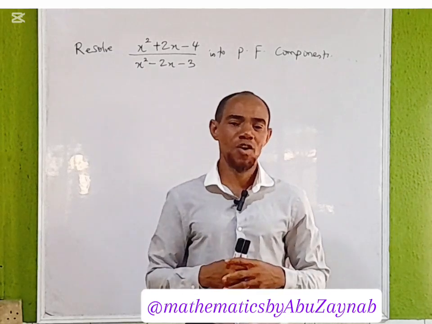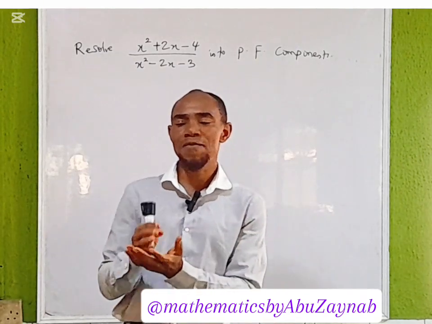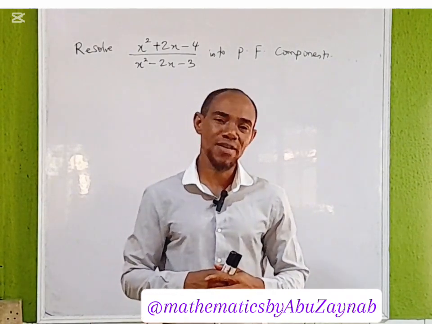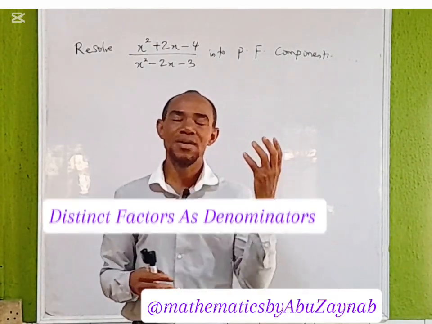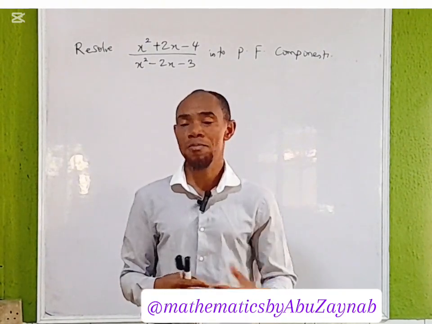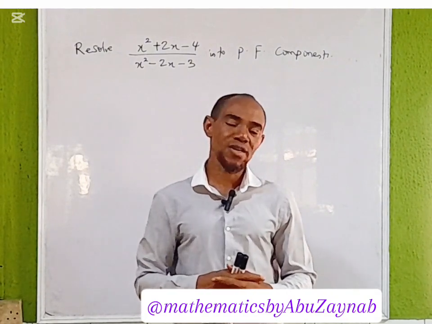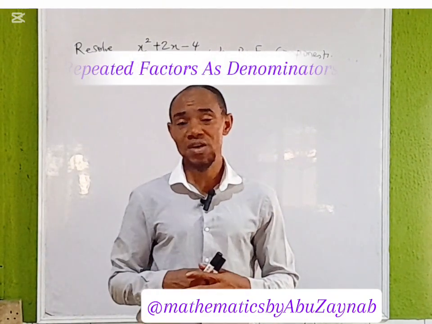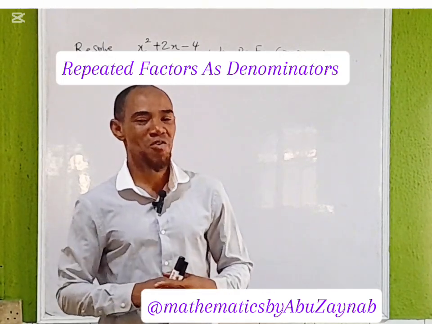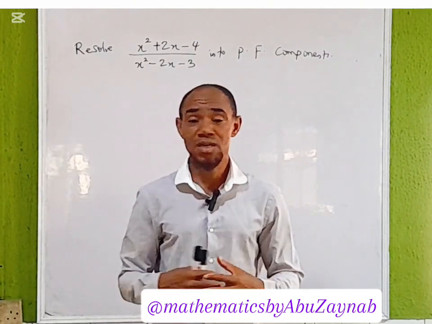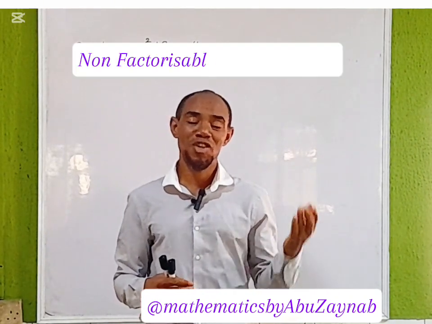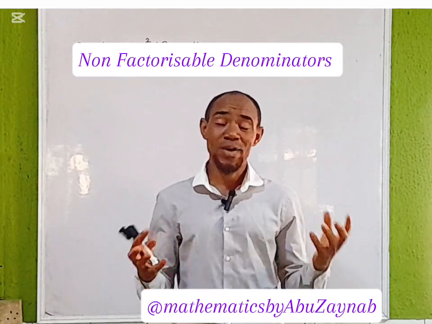So, in this case, all we need to do is to break down the rational function into the constituent parts of it. For the first case, we looked at when you have distinct factors as denominators, whereby we use the cover-up method. In the second case, we have repeated factors as denominators, and in that case, we use the method of comparing coefficients. And similarly, in the third case, we have non-factorizable denominators, where once again, we adopted the approach of comparing coefficients.